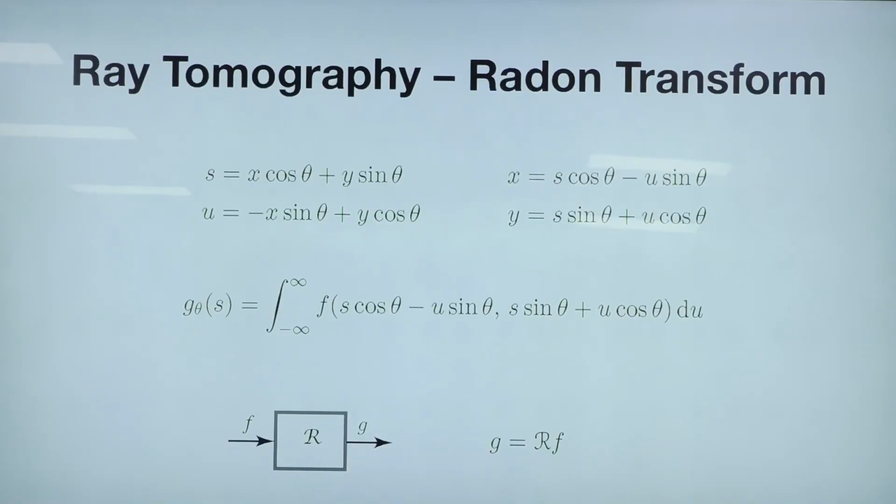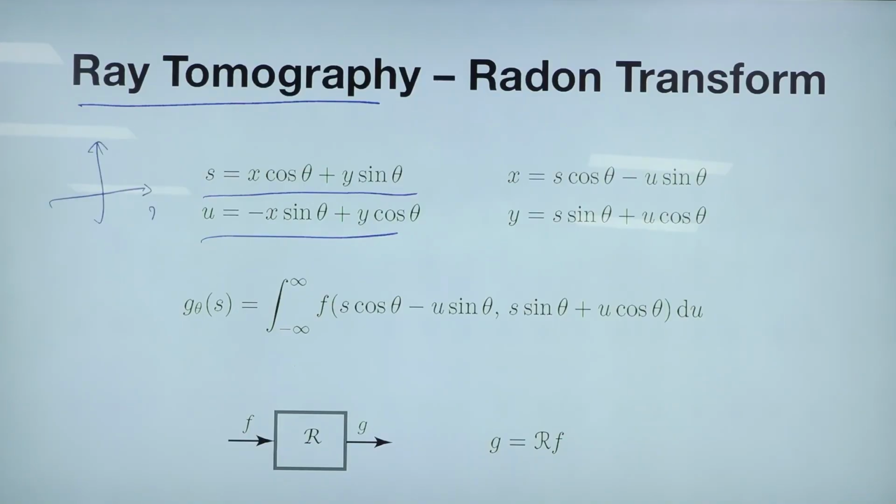So in ray tomography, s equals x cos theta plus y sin theta. If you remember your coordinate geometry, if you have x and y, you can have s and u.